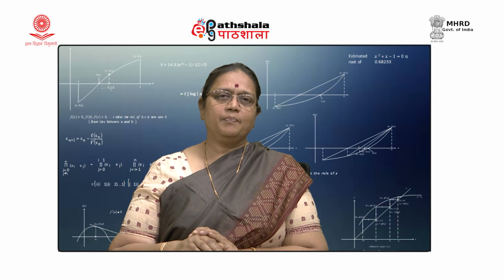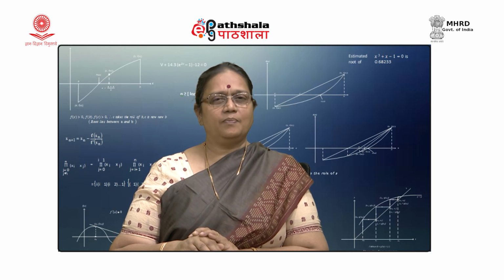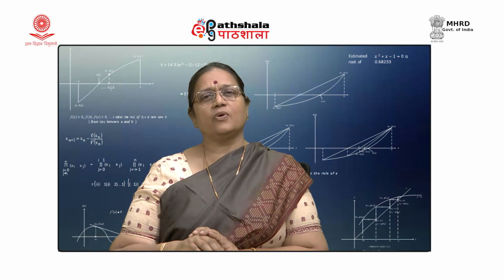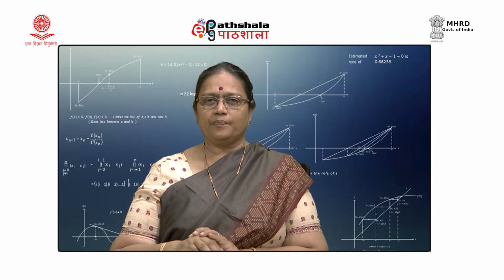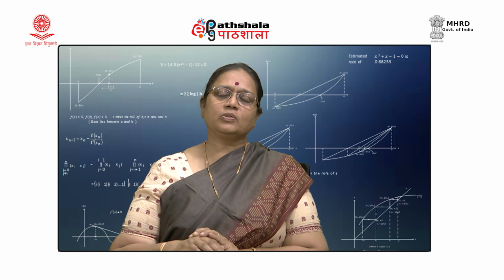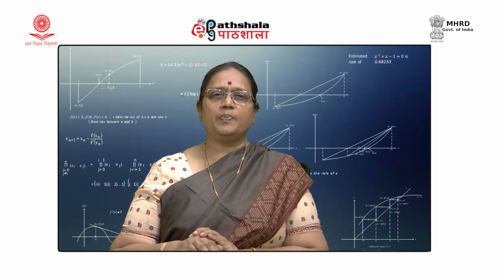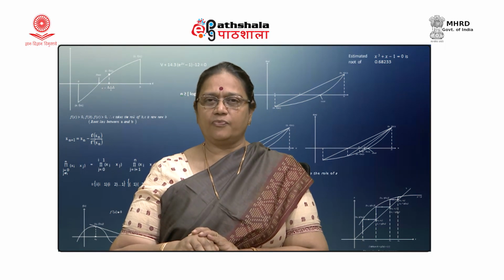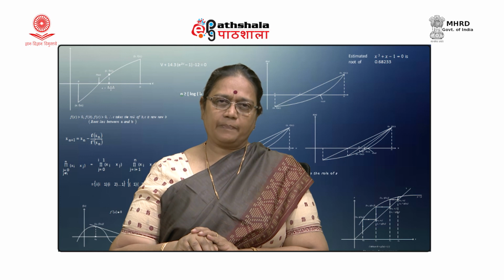So, in our next module, we will be taking up examples of the Runge Kutta family of order 4 and solving them, and we would also like to take a comparative study of the results obtained by the Euler method, Runge Kutta method of order 2, Runge Kutta method of order 4 as well as the Taylor series method.